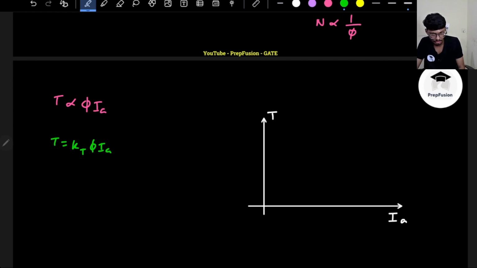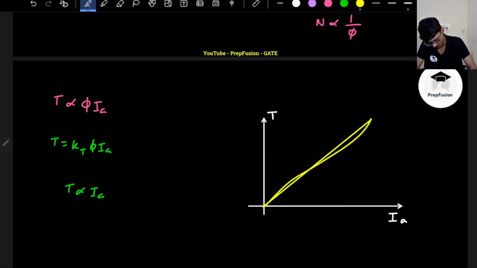If I assume my flux to be constant, that is, armature reaction is neglected, then torque is directly proportional to Ia. It is just a linear line. If I have no load current, then the torque also will be 0. So it will be just like a straight line. Okay, so this is with armature reaction neglected.